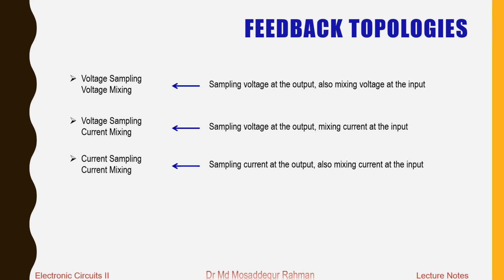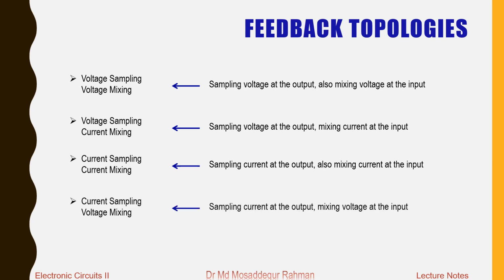So signals both at the output and at the input side are in the form of current. So that is another feedback topology. And the last one, we're sampling current at the output but mixing voltage at the input side. So the signal is in the form of current at the output and it is in the form of voltage at the input. So these are the four feedback topologies that we can have in a negative feedback amplifier.